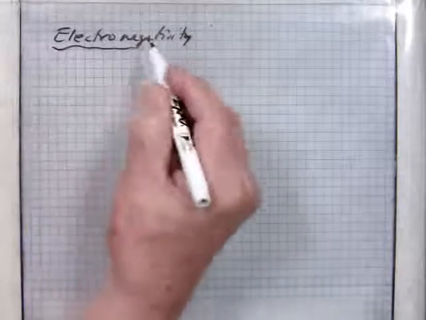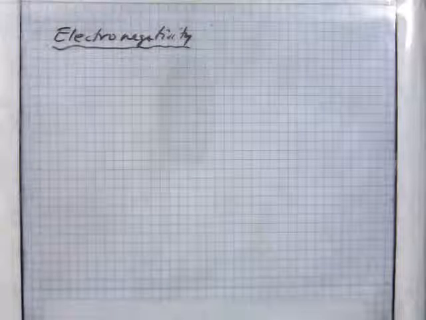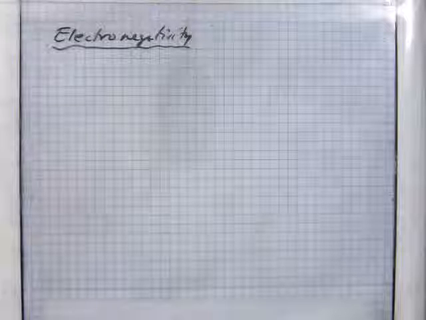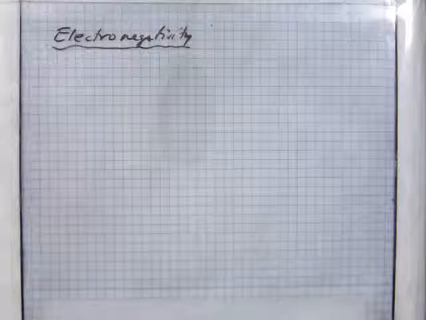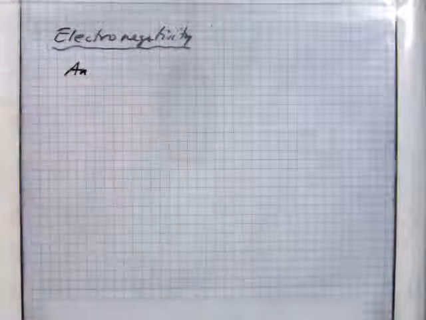This is perhaps one of the most important words in the reactivity of elements in chemical reactions, because it defines where reactions take place and what elements are most reactive and least reactive: the electronegativity. And it's defined as an element's attraction for electron cloud.